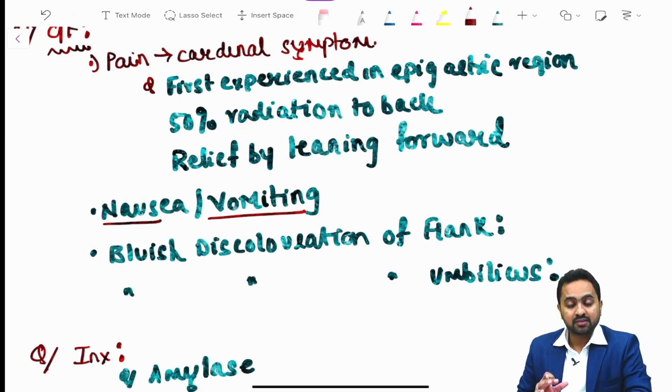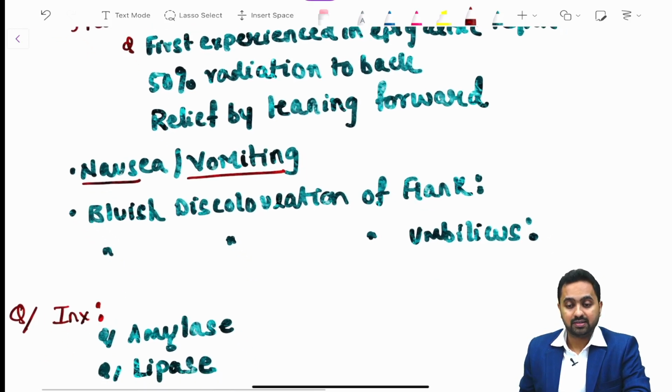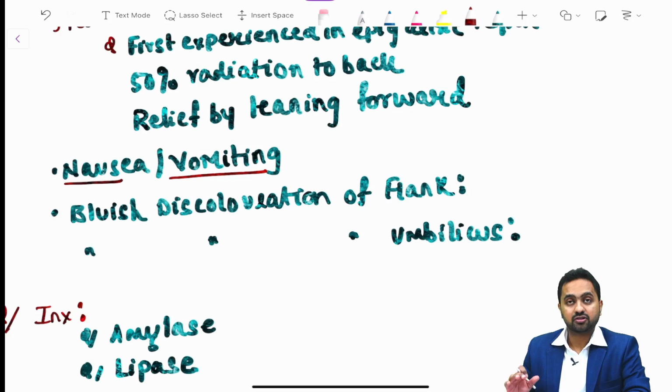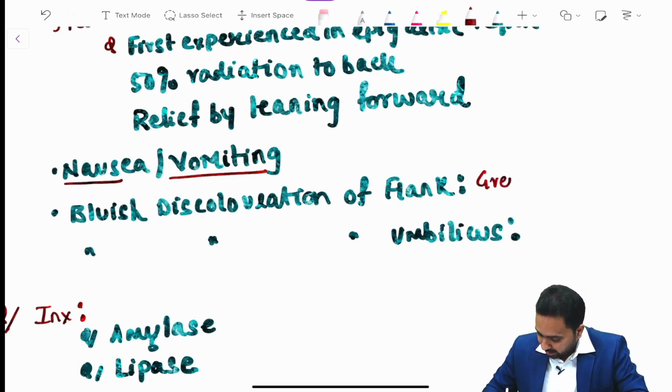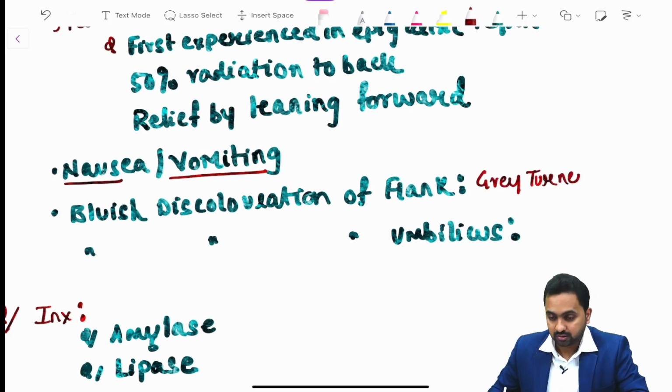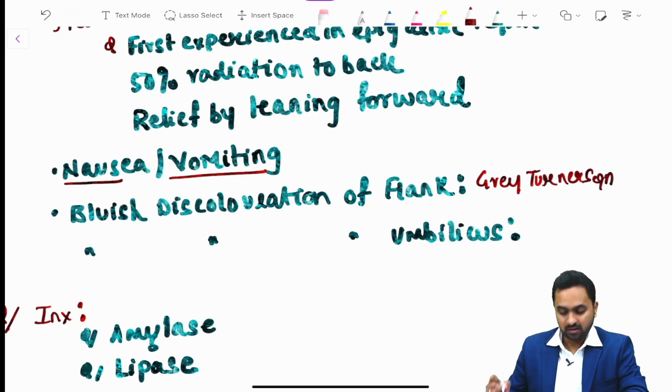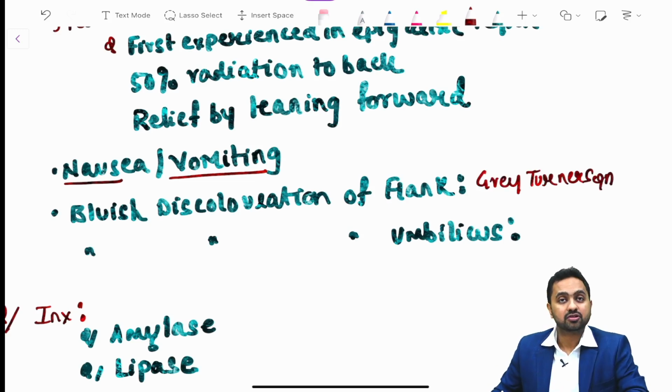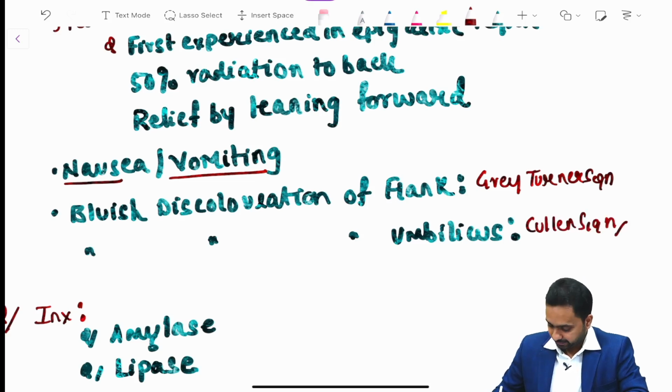And other specific features seen with respect to acute pancreatitis include bluish discoloration of the flank, which is known as Grey Turner sign, and then we have bluish discoloration over the umbilicus, which is known as Cullen's sign, right.